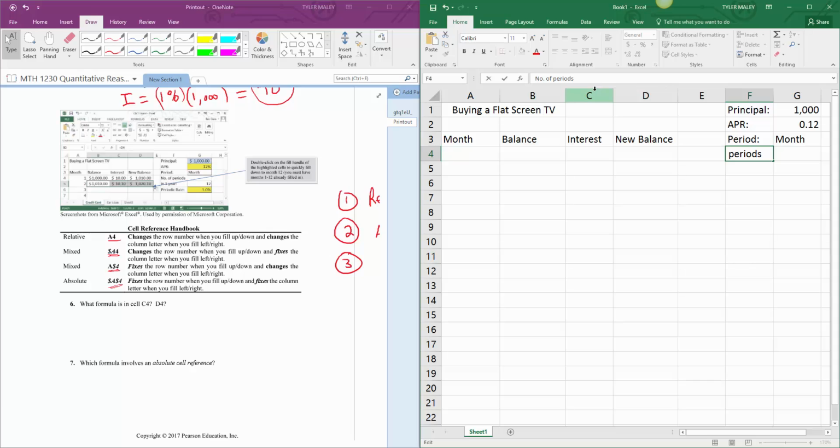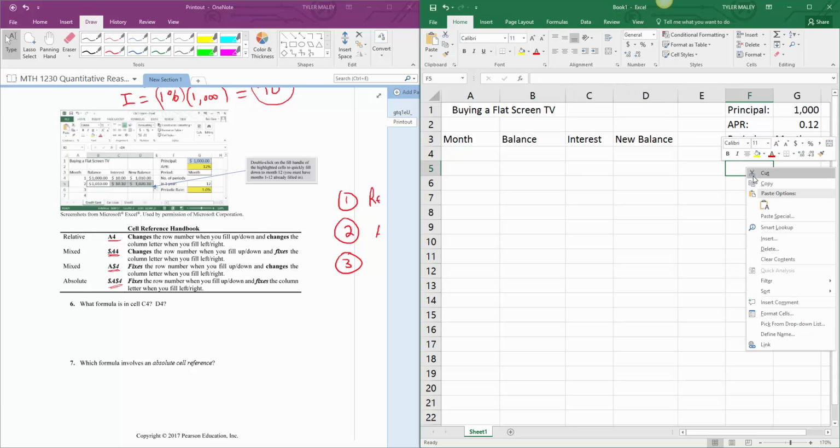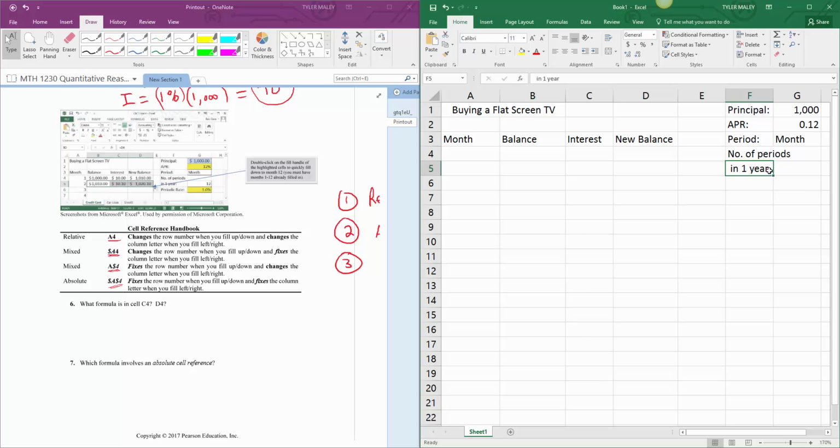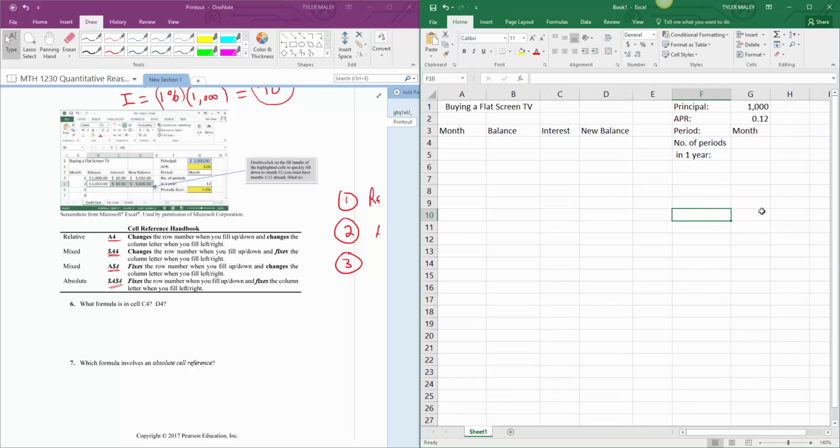He just wrote number of periods, and then in 1 year was the cell right below, with a colon. Let me make this a little bigger. Then lastly in cell F6 we have periodic rate. So for number of periods in a year, we would put in 12.